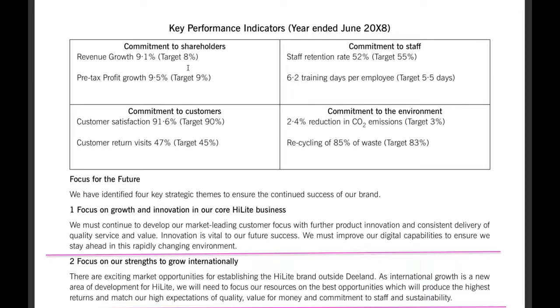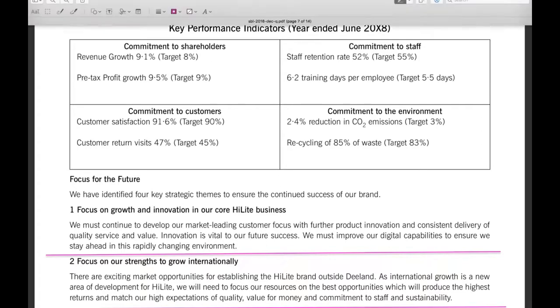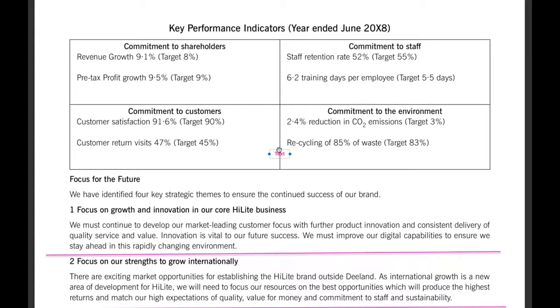So the next part is the KPI. What is it that you can actually get from this? Here is their KPI. Commitment to shareholders. Basically, it tells you the revenue growth that they have. Their target is only 8%, but the growth is actually 9.5, 9.1. So they met the target.